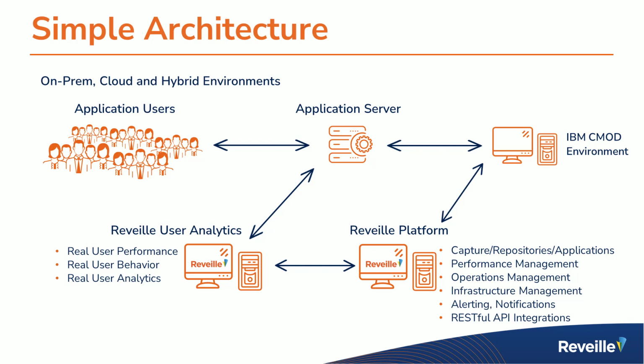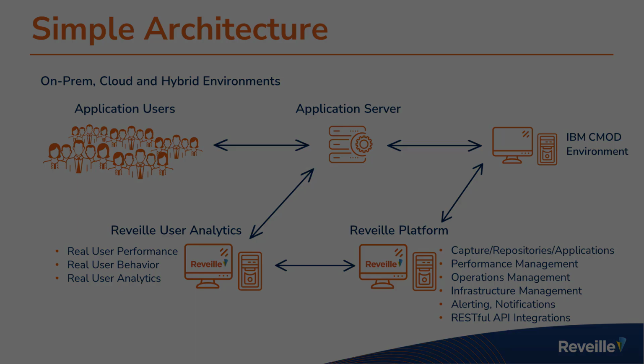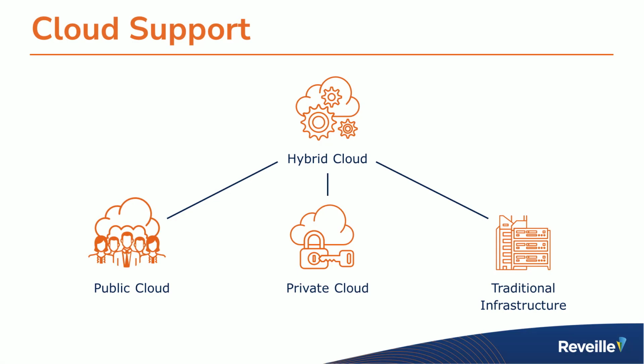It can be turned on and off and have no impact. This is not like turning on a vendor's logging capabilities. Reveille can be deployed on premises, in the cloud, or in a hybrid approach. Reveille can then monitor content management systems both on premises and in the cloud.